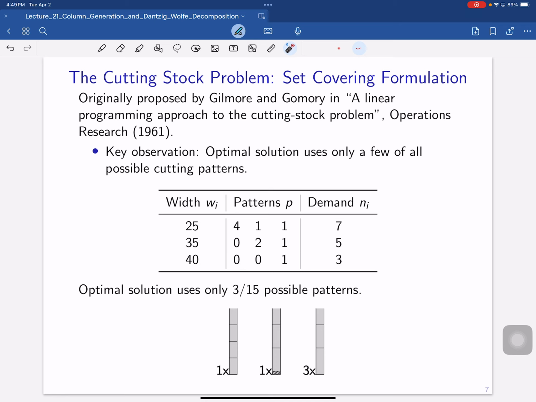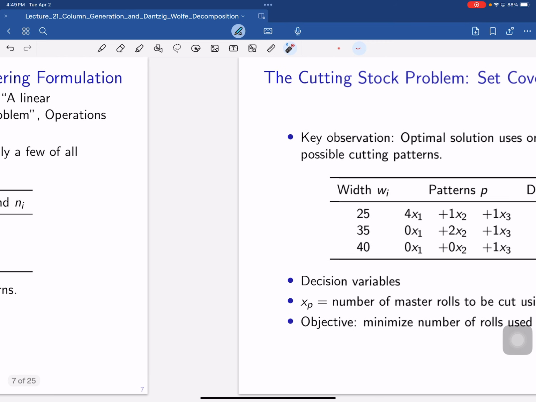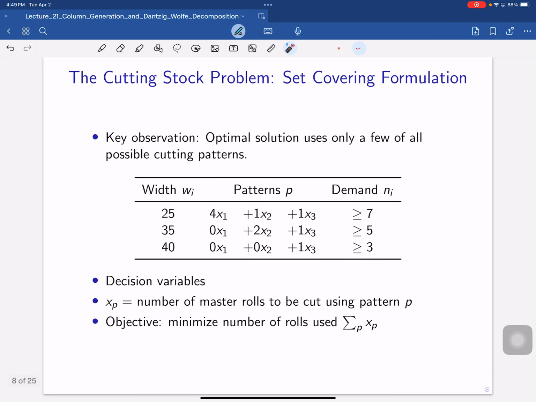So if you formulate the problem in terms of the patterns, we can get something called a set covering formulation. Let's say for the sake of the argument, we are only going to use these 3 patterns, and then we define an integer variable xp.